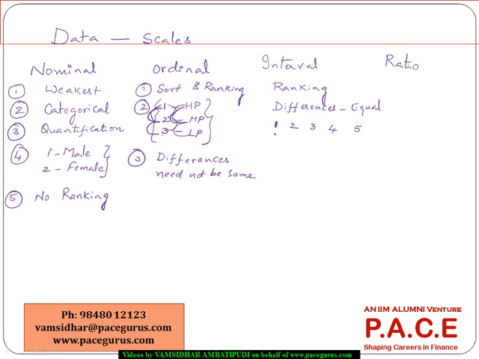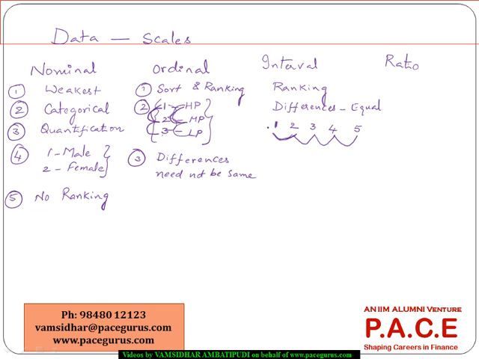Generally, I can directly say that it is ordinal data because it is doing some kind of a ranking from highly satisfied to highly dissatisfied. But generally what the survey people do is they assume that the gaps between each of them are more or less the same.